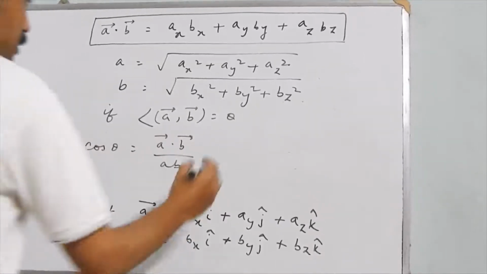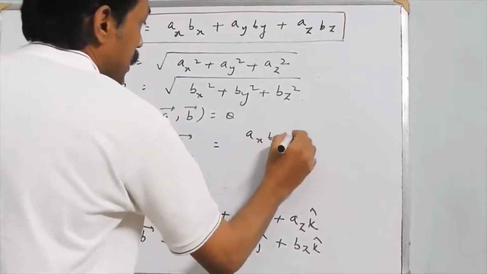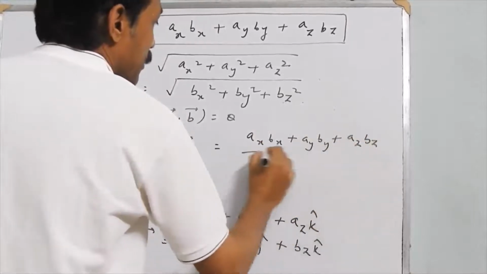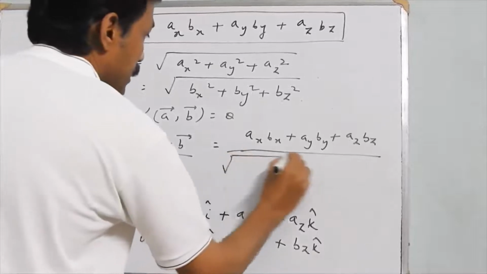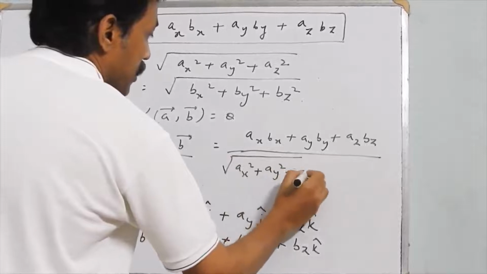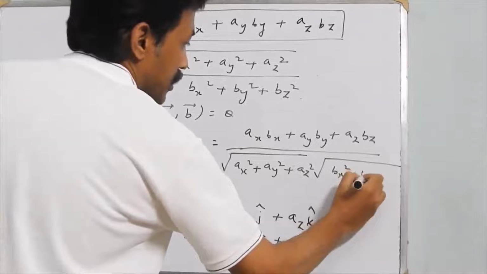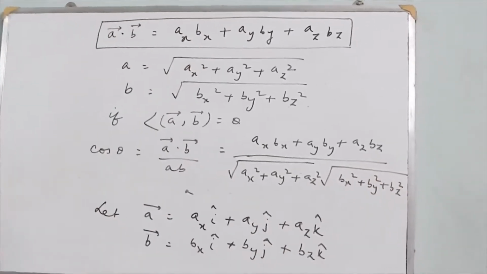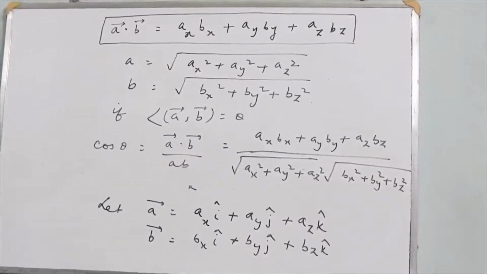So this cos theta will become a dot b, which is now ax bx plus ay by plus az bz, and if I divide with the magnitudes, I will get root over ax square plus ay square plus az square into bx square plus by square plus bz square. So now you can find the angle between two vectors whenever they are expressed in component form.